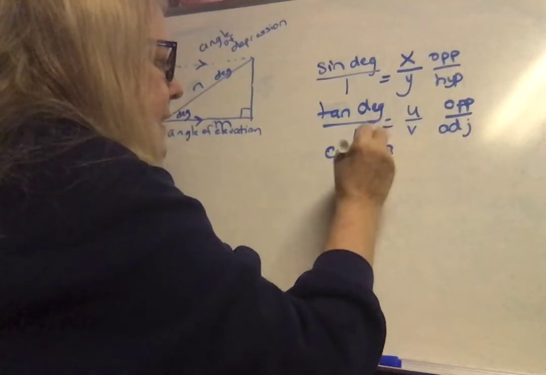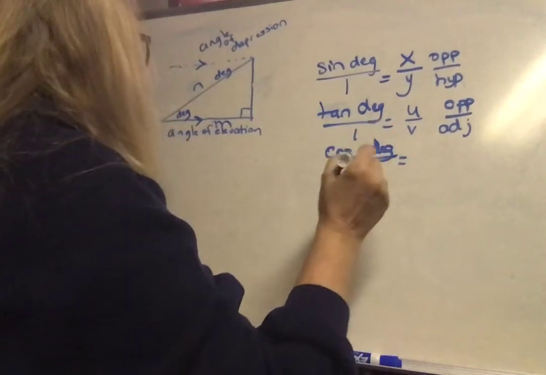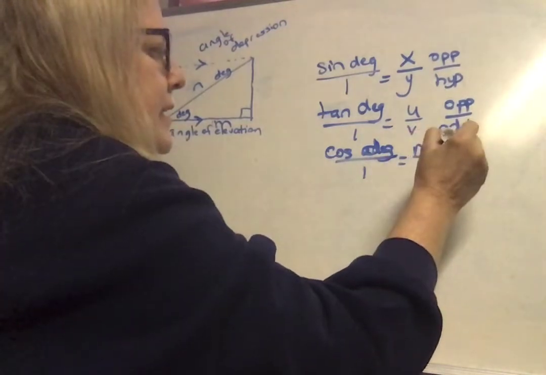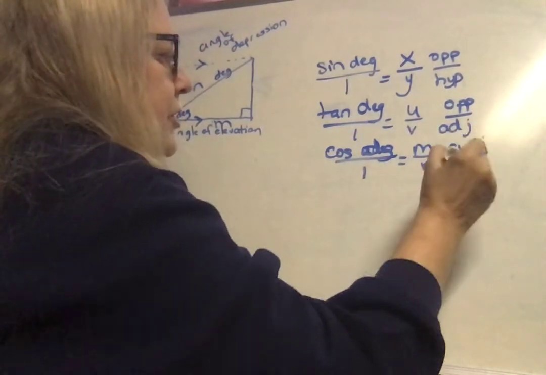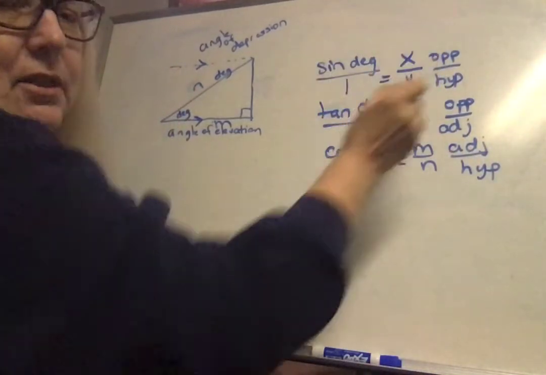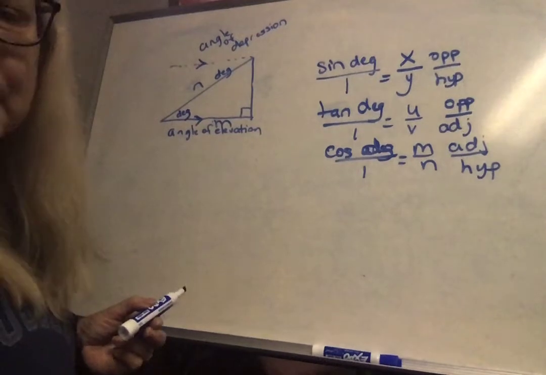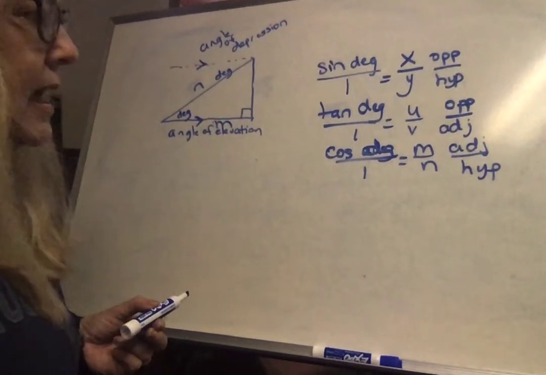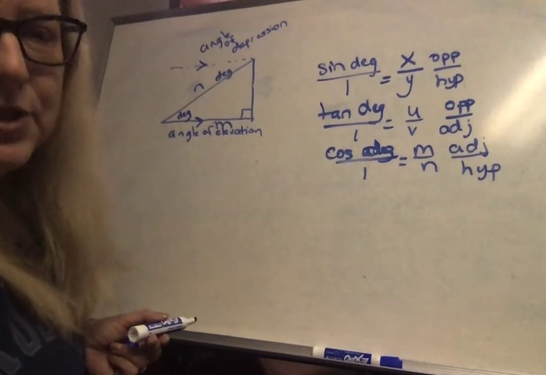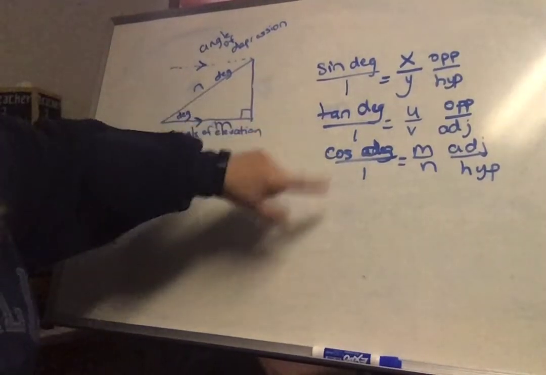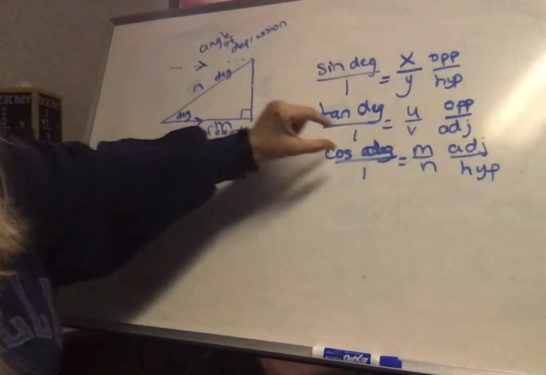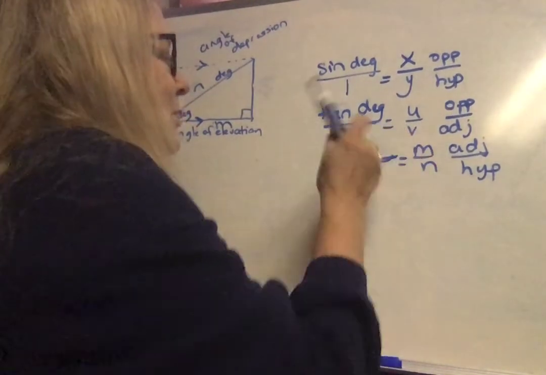Cosine of the degrees over 1 equals, in this case, m over n, which is the adjacent over the hypotenuse, because sine is always opposite over hypotenuse, and tangent is always opposite over adjacent, and cosine is always adjacent over hypotenuse. But notice we set it up with sine, tangent, or cosine of the degrees.